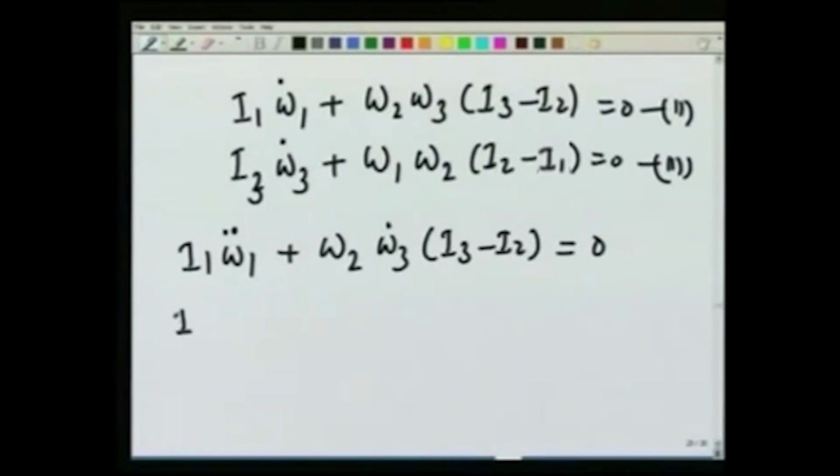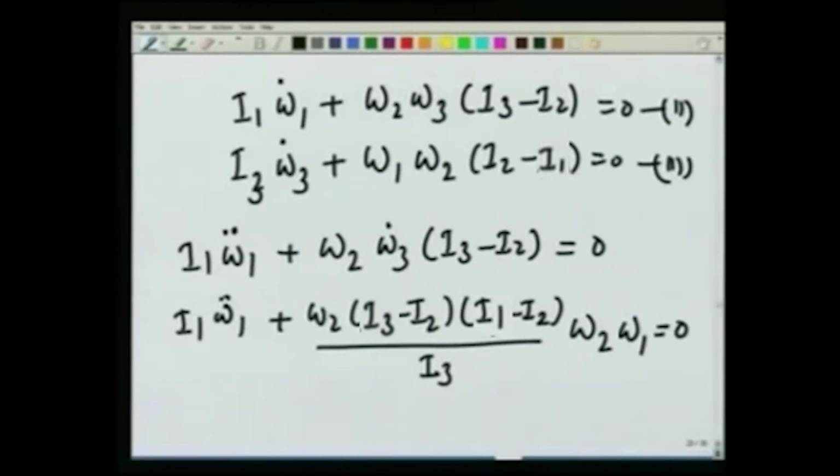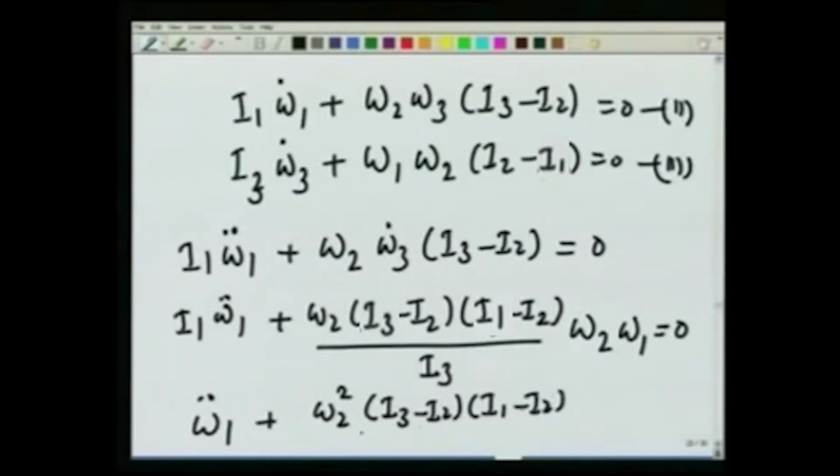Substitute for omega 3 dot to get I1 omega 1 double dot plus omega 2 (I3 minus I2) times, this I can change sign when I go to the right side, I can write this as (I1 minus I2) divided by I3 times omega 2 omega 1 is equal to 0, or omega 1 double dot plus omega 2 square (I3 minus I2)(I1 minus I2) divided by I1 I3 omega 1 is equal to 0.